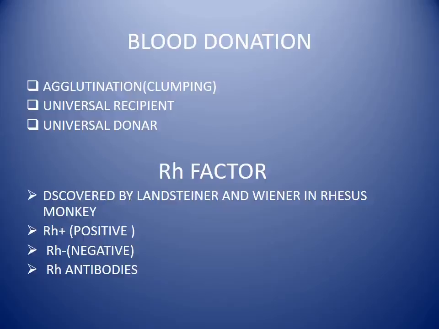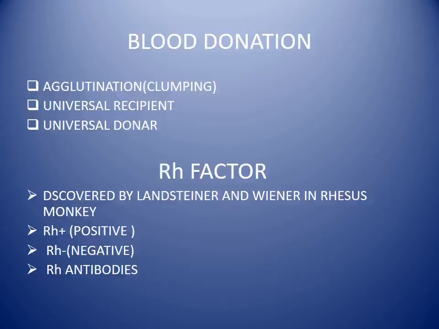A person with AB blood group is called a universal recipient. That means they can receive blood from a person with any blood group. Next one, universal donor. What is a universal donor?